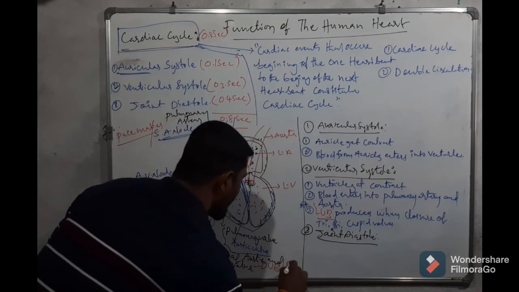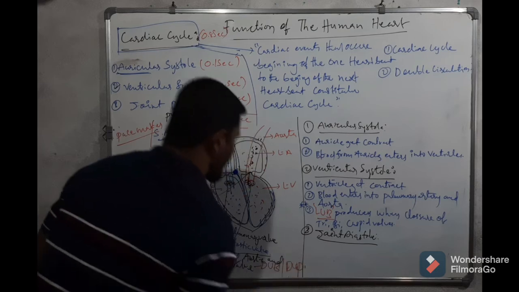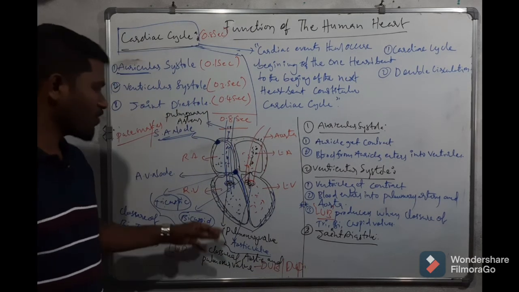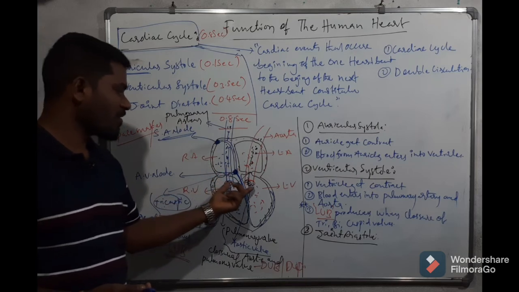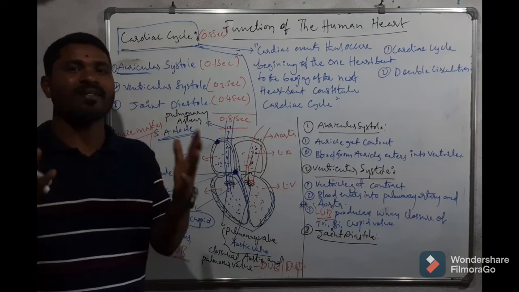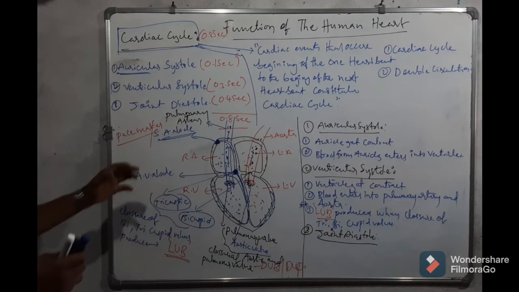This second sound of the heartbeat is produced at the closure of the pulmonary and aortic valves during the joint diastole.